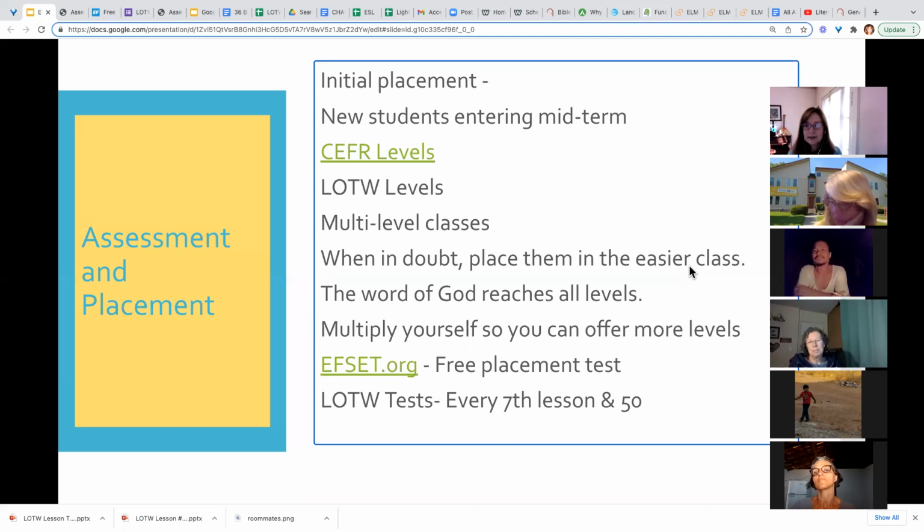We are not only teaching English, but we are also teaching the Bible. And remember that the Word of God reaches all levels. So, a 5-year-old child who hears a Bible story is going to get something very different out of it than a theologian with a PhD reading the same story.